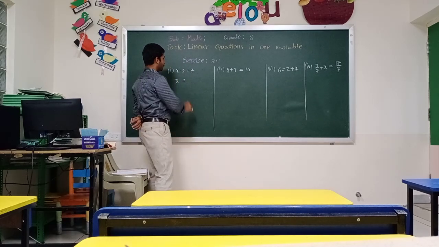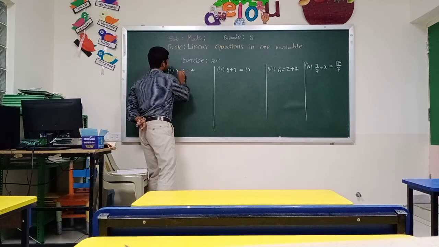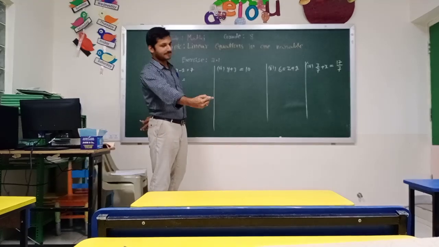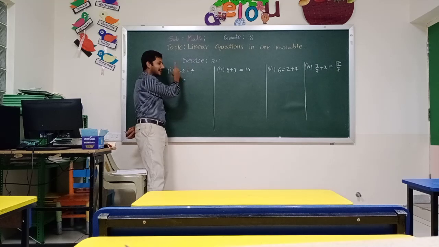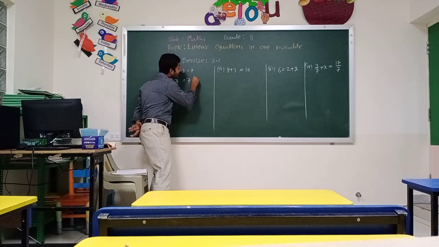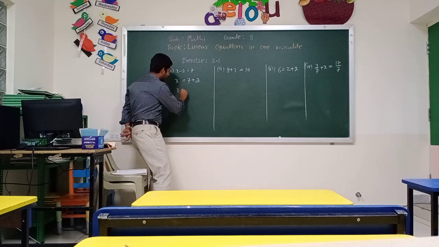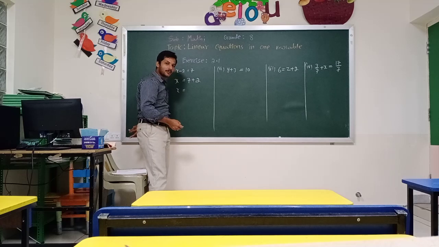x equal to, it is minus 2 right now. If you transfer it to the other side, this minus becomes plus: 7 plus 2. Now, x equal to what? 7 plus 2 is how much?